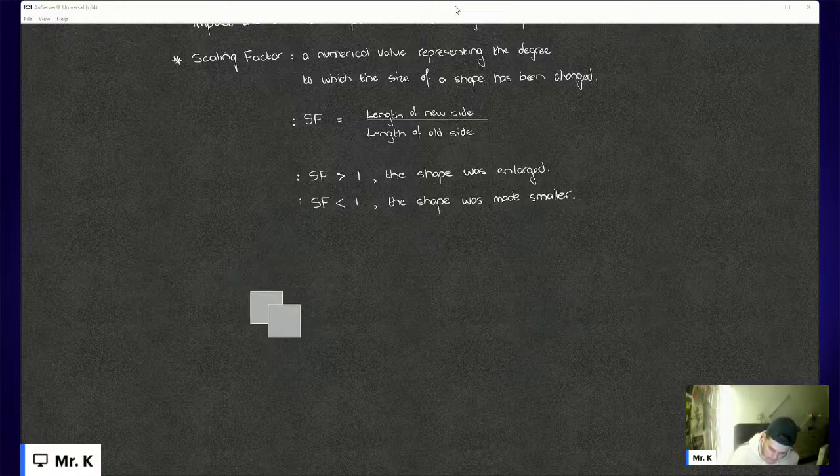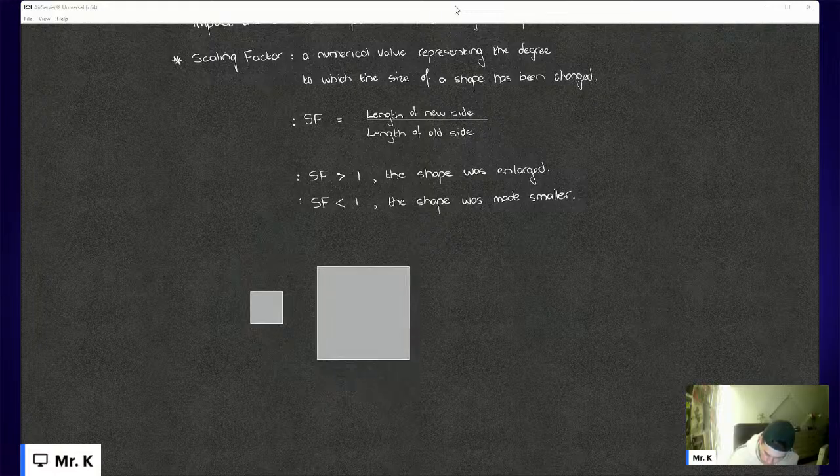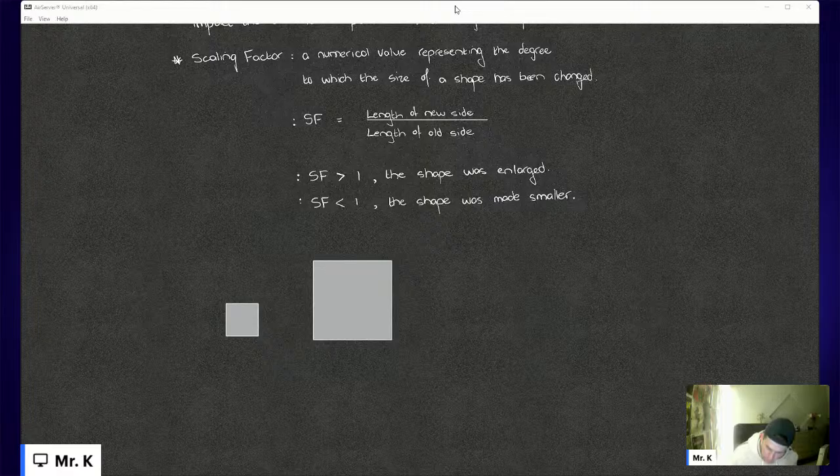Right. If I have a square that originally had sides of 3 units and they now have 9 units on each side, how do I determine the scaling factor?